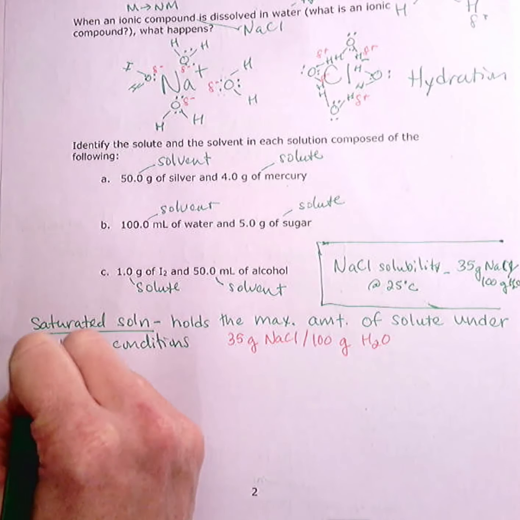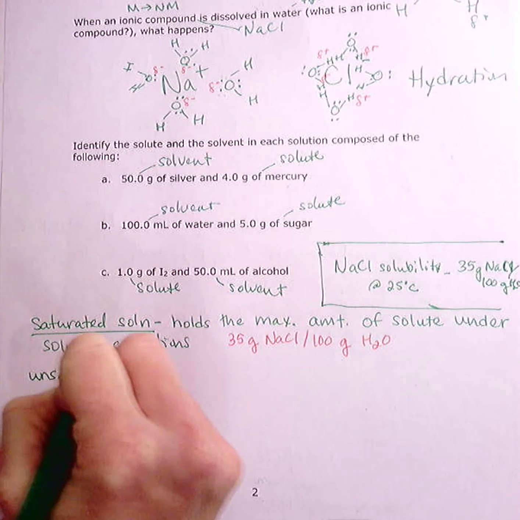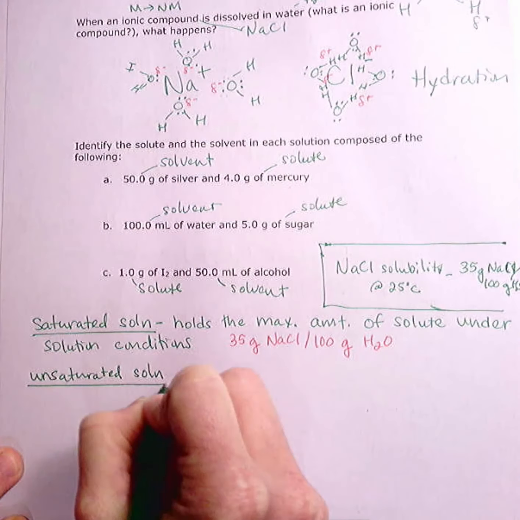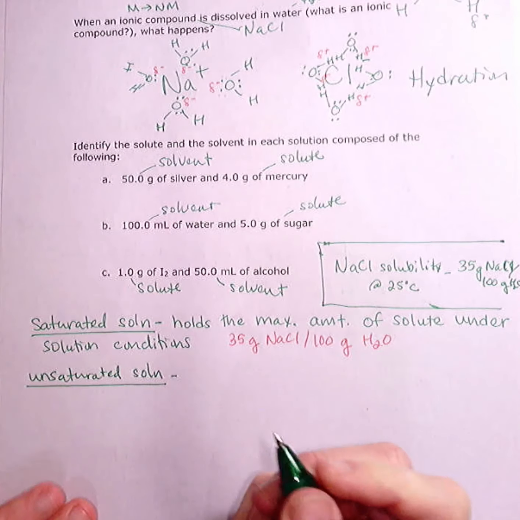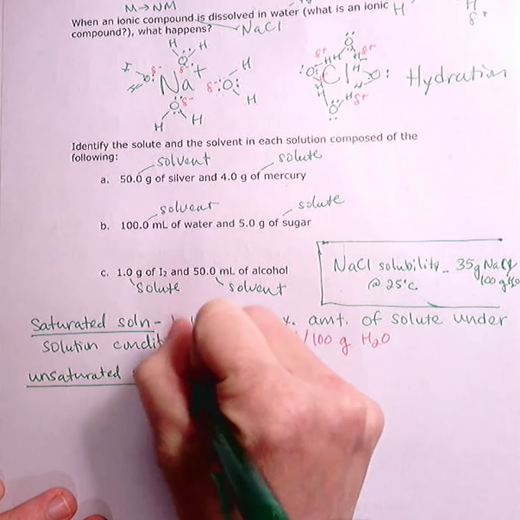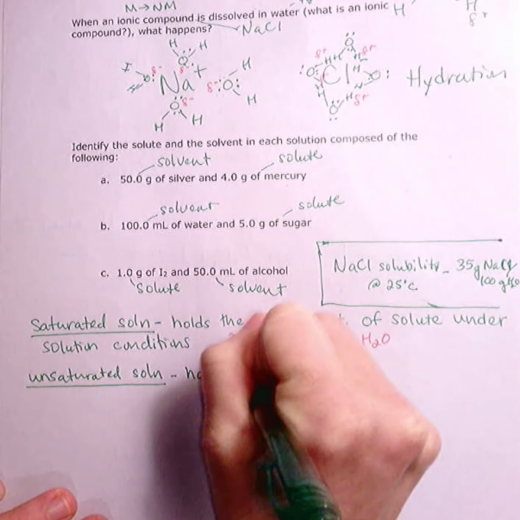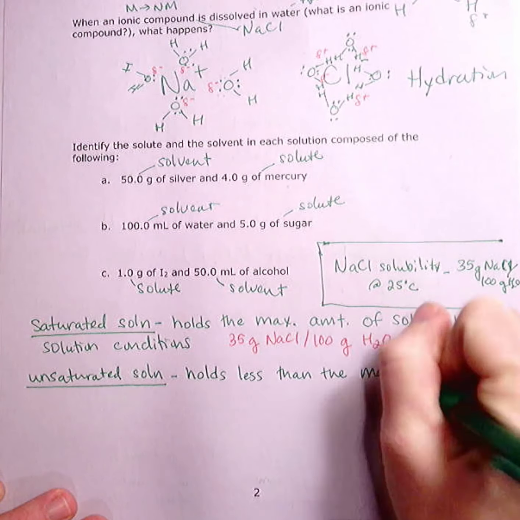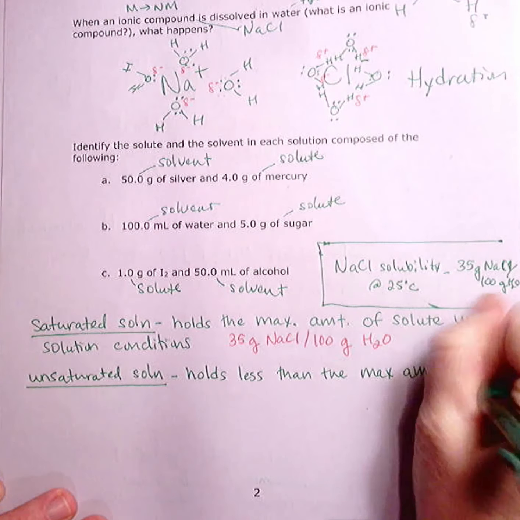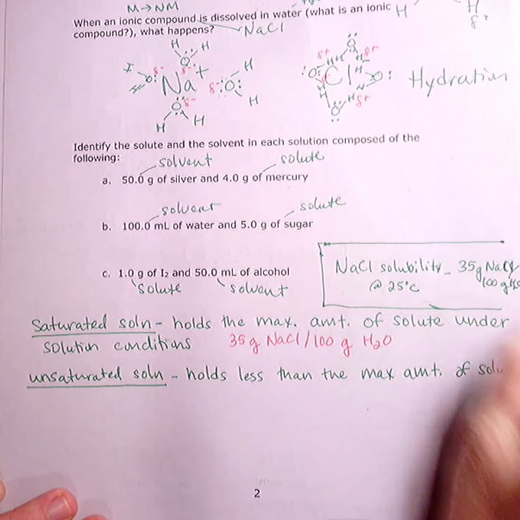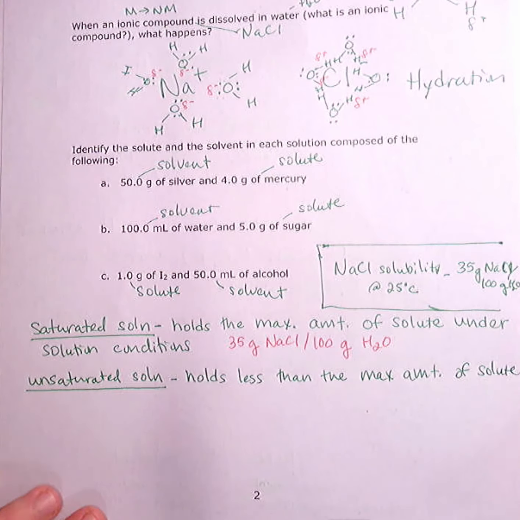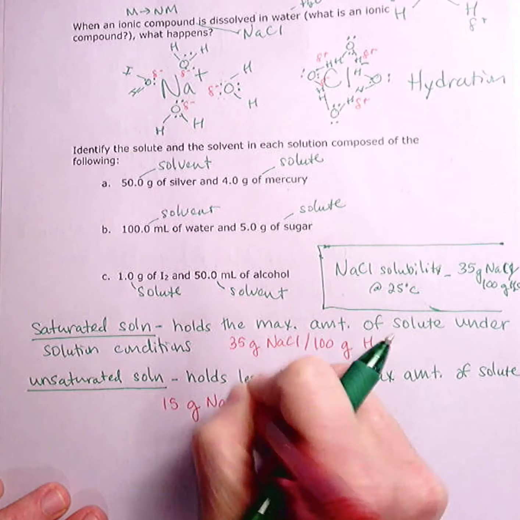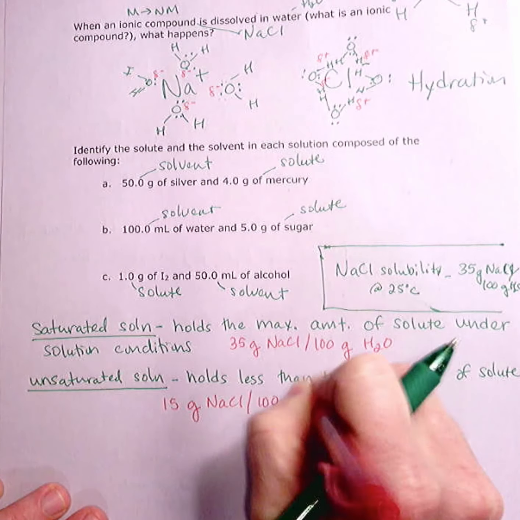Unsaturated solution holds less than the maximum amount of solute. Okay, so in this case, an example would be, say, 15 grams of NaCl per 100 grams of water.